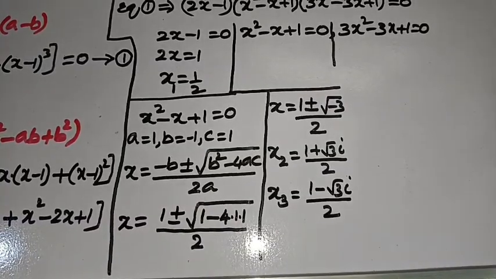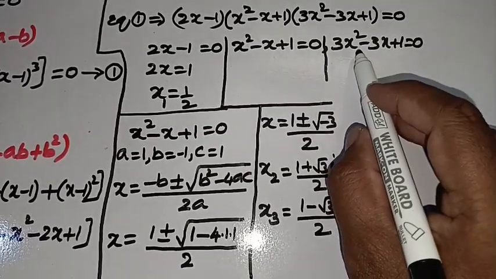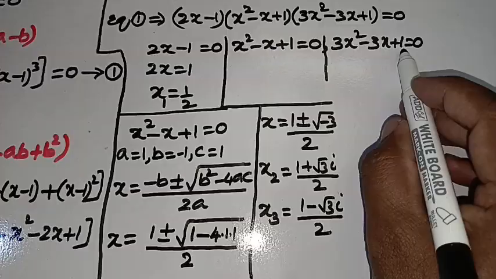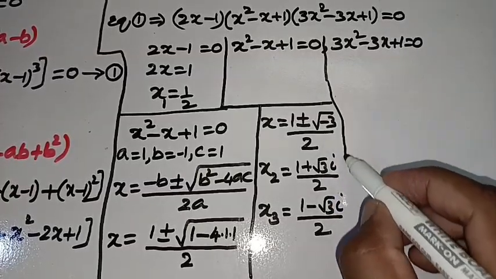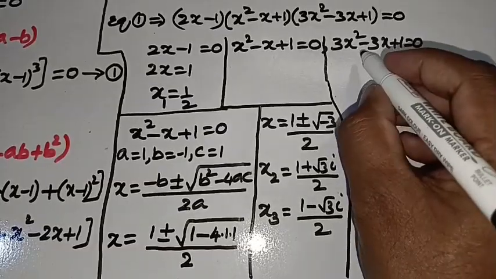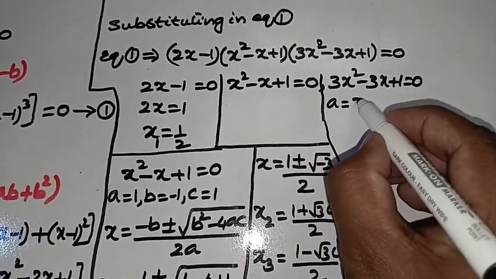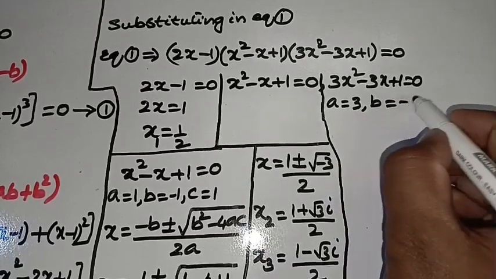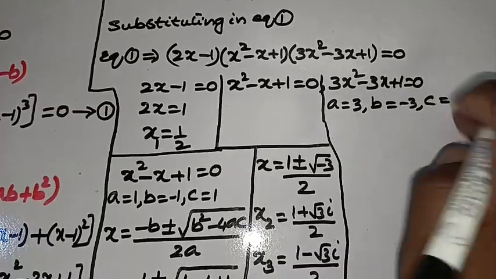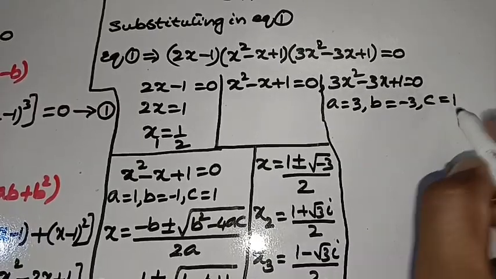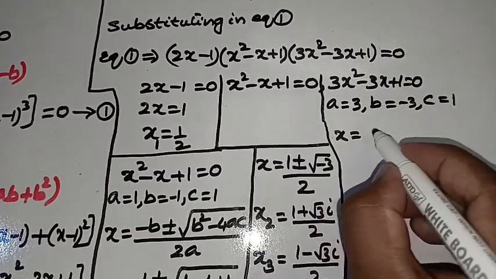So here one more equation is present, 3x square minus 3x plus 1 is equal to 0. We solve this equation and we get two more roots for that. So here again comparing with the standard form of the quadratic equation, a is equal to 3, b is equal to minus 3, and c is equal to 1. Using the same formula to solve the quadratic equation to find the roots.